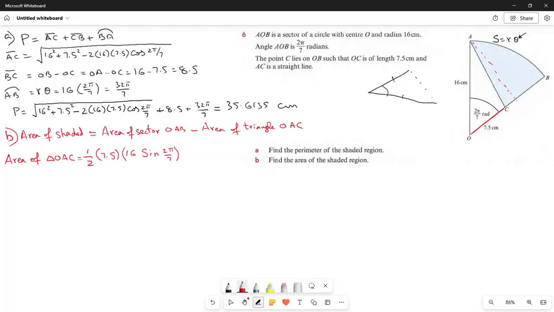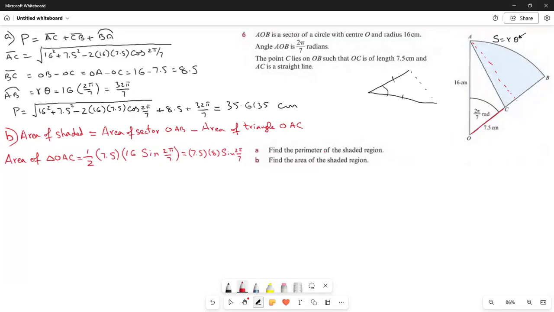I hope I'm not confusing you. Okay, so this is the area of the triangle. Okay, let me simplify it a little bit. So I can write it as 7.5 into 8 into sine of 2 pi by 7.